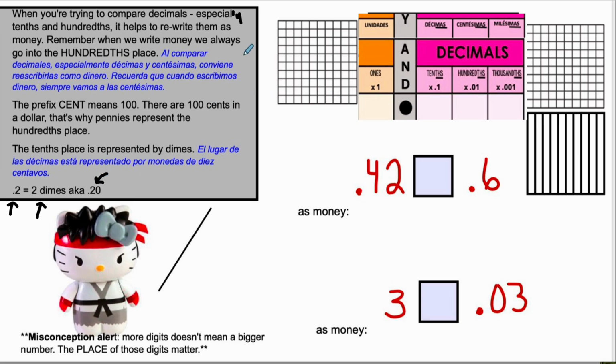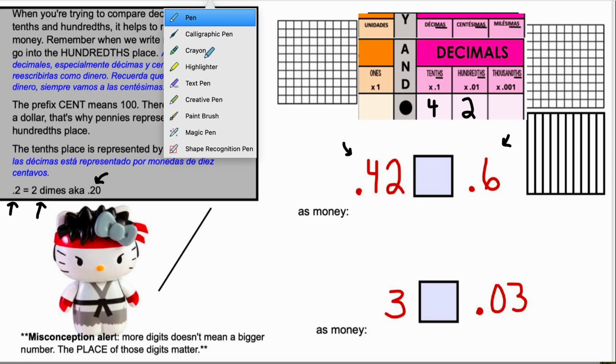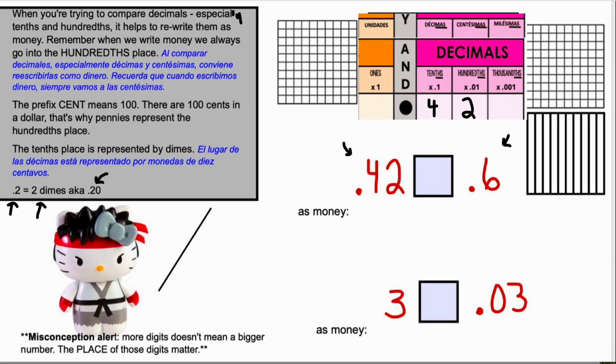All right, so let's get started. This is like a little review of today's lesson, and we're going to start looking at this first number over here. We want to compare 42 hundredths to 6 tenths. 42 hundredths ends in the hundredths place. If I'm thinking pennies, 42 hundredths is the same as 42 pennies.